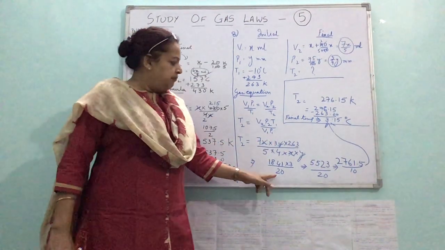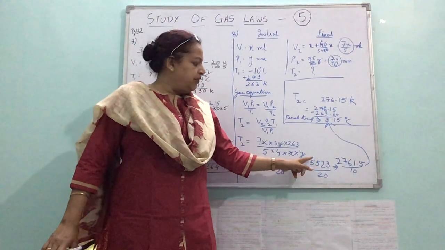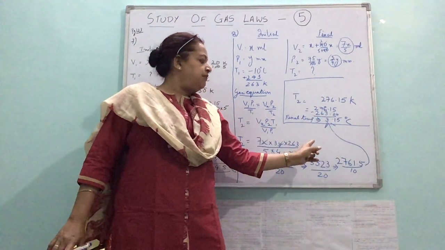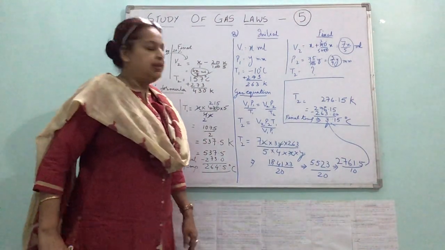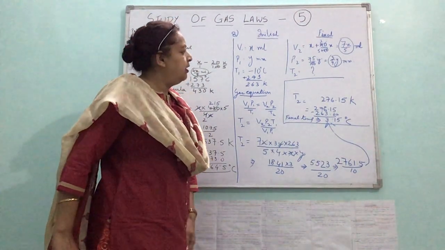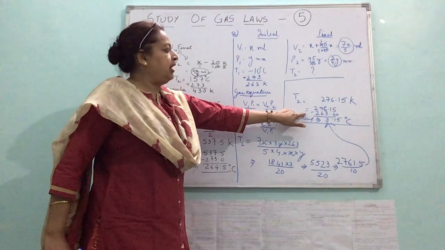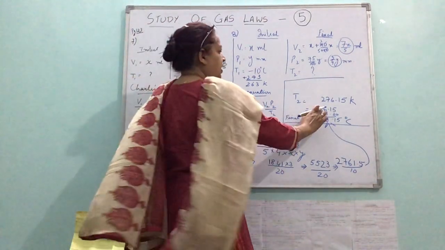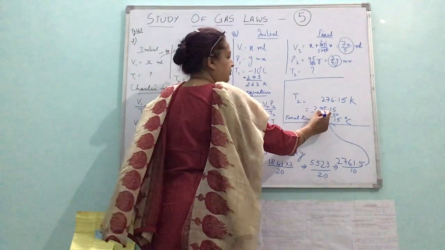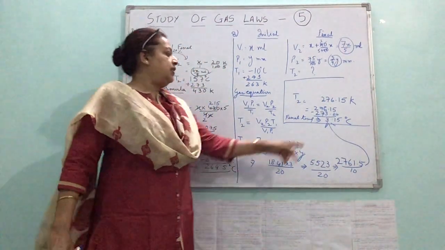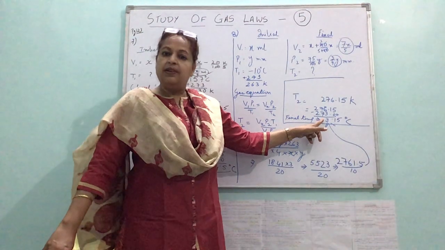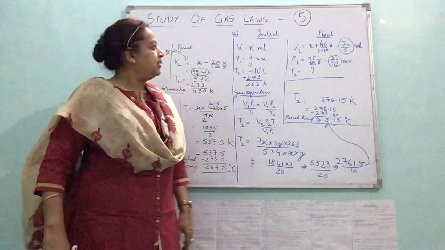Divided by 20, so I have divided by 2 and then I just shifted the decimal to adjust for this 10, one place to the left-hand side. And finally I have subtracted, see, I have made a mistake, it is 273, to subtract 273 to convert it to the centigrade scale. So you get the final temperature.